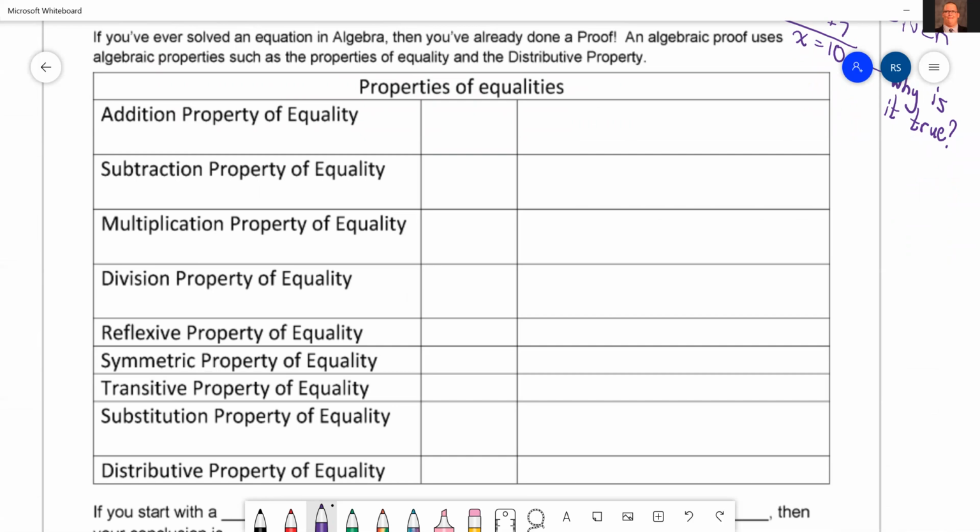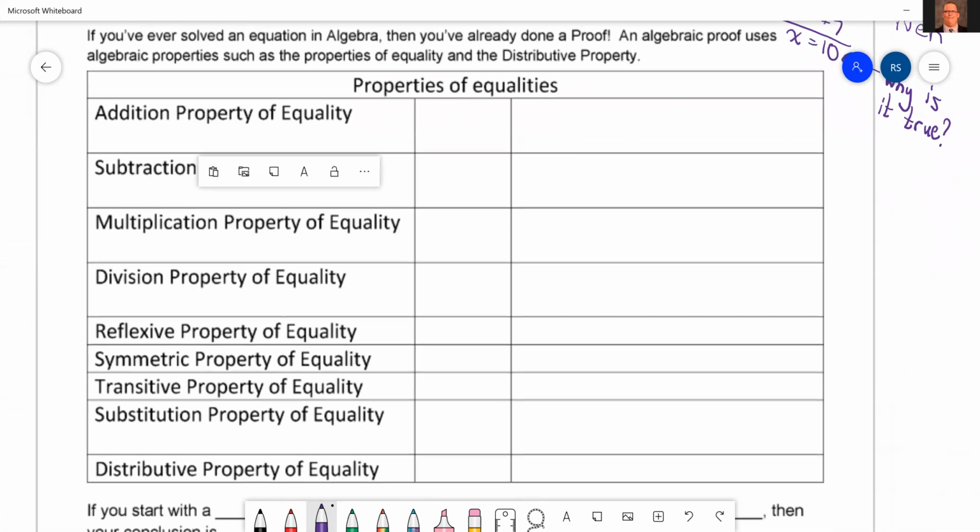So make sure you fill it out. Okay, so we have the addition property of equality. We can abbreviate that add prop. Because I don't know about you, but I don't want to write that whole thing out. Ain't nobody got time for that.